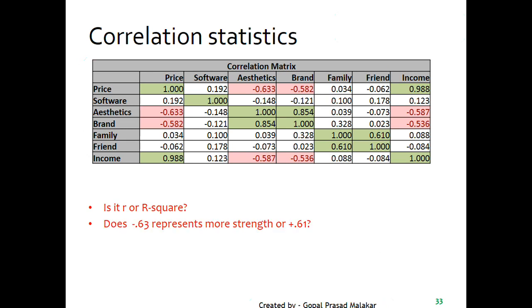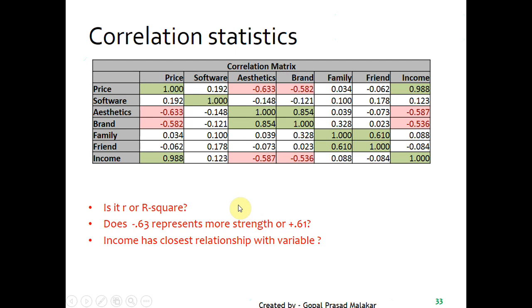Second thing, if I ask you, does 0.63, which is here, minus 0.63, represent higher strength than 0.61, which you will see somewhere, does family and friend have a stronger relationship, or aesthetics and price? The answer is actually aesthetics and price. Why? Because negative and positive is just giving you the direction. The higher the absolute magnitude, that is the strength of the relationship.